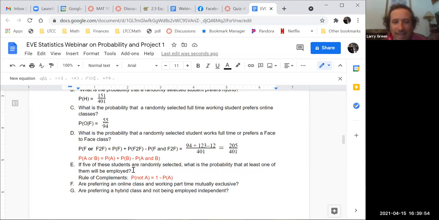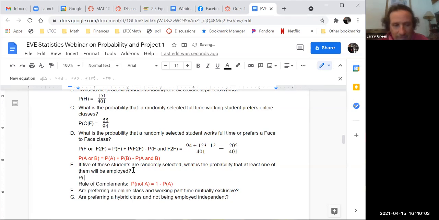How many are employed if not at least one is employed? What's the complement of at least one? Any ideas?